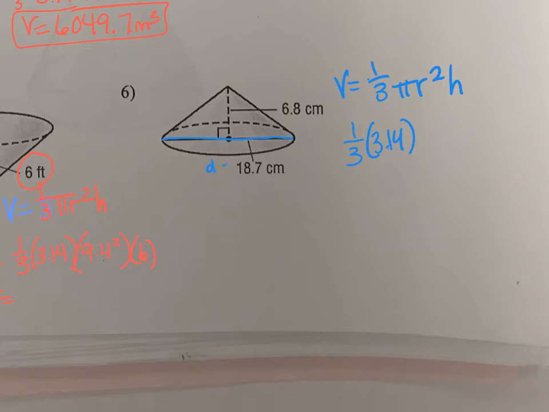So that means that's our diameter. We want the radius. So take 18.7 and divide it by 2. And that gives us 9.35 centimeters. So 9.35 squared times the height, 6.8.